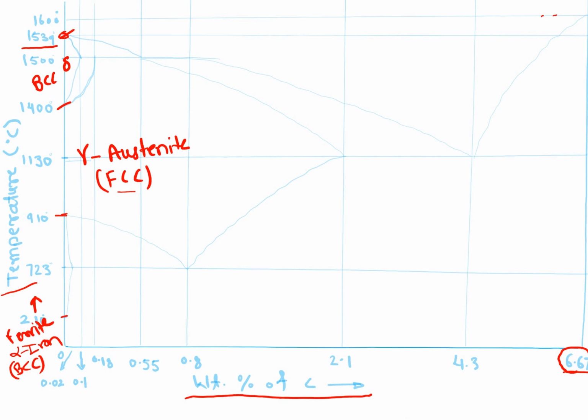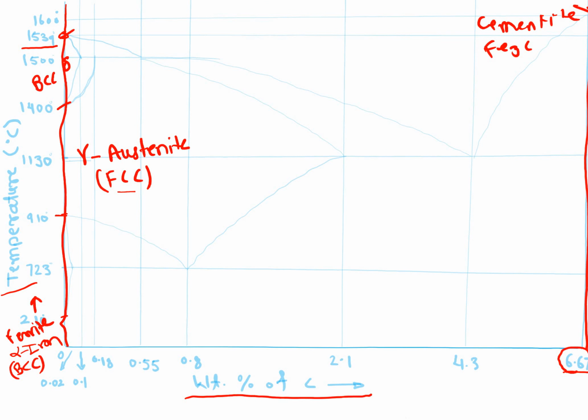As we have marked this line as the ferrite line, similarly we can mark the extreme right side line as cementite, that is Fe3C. For the pure form of iron, there are three crystal structures available upon heating.